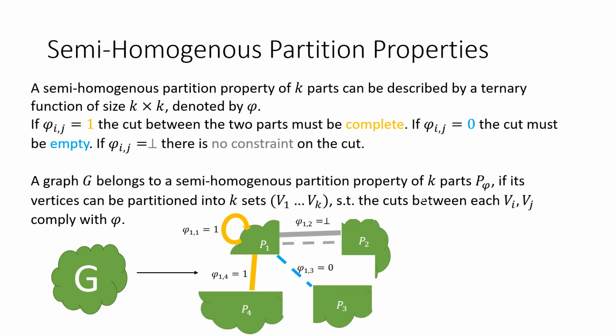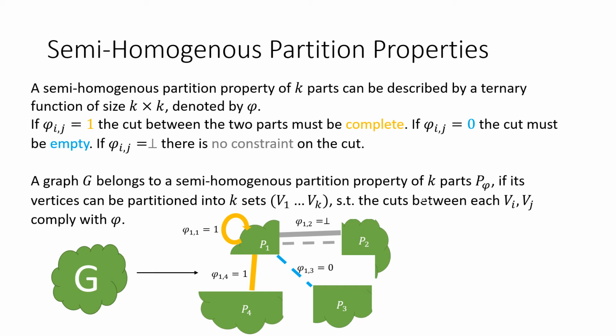So the cut between vertices assigned to P1 and vertices assigned to P4 must be complete. P1, P3 is mapped to the empty constraint, and therefore there must not be an edge in G between vertices mapped to P1 and vertices mapped to P3. While P1, P2 is mapped to the don't care constraint, so any mapping of vertices will follow this constraint.